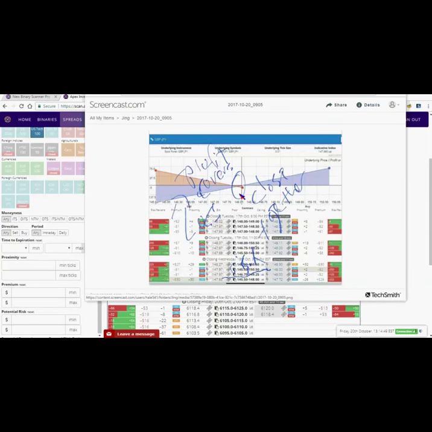Okay, so what he was trying to show me was, this was the original trade, this blue area. And how do we know which one it is? Because you've got this green little area in your proximity premium. It's highlighting that, so we know that's the one it's looking at.